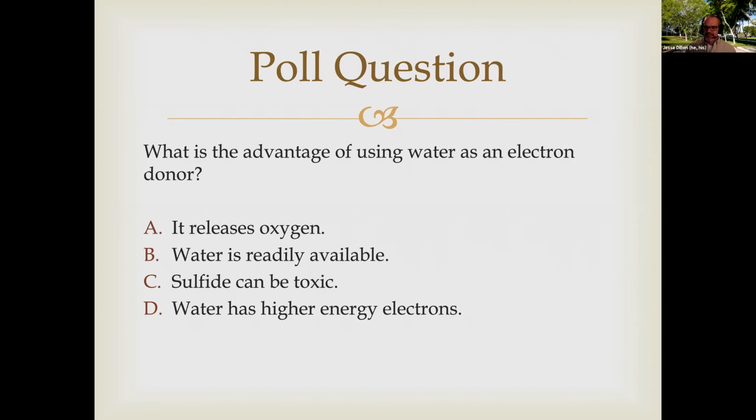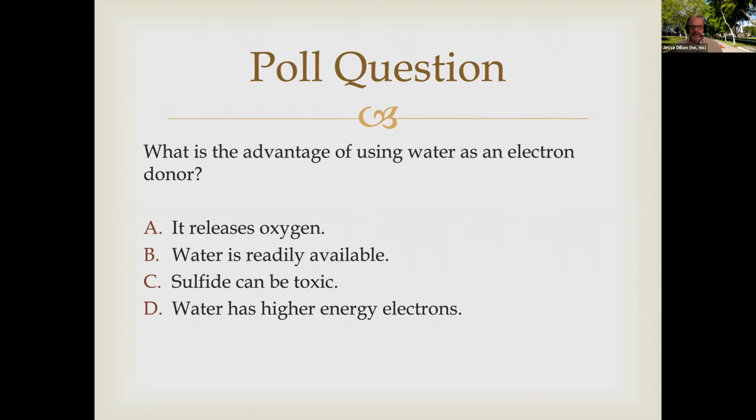B is the best answer, and that's what not a majority, but the largest number of you put. Water is everywhere, right? Water is life, and so it's a really great source. Sulfide is not everywhere, although it was a lot more common on the early Earth before we oxidized the atmosphere because of these critters. It can be bound up in metals and things like that.